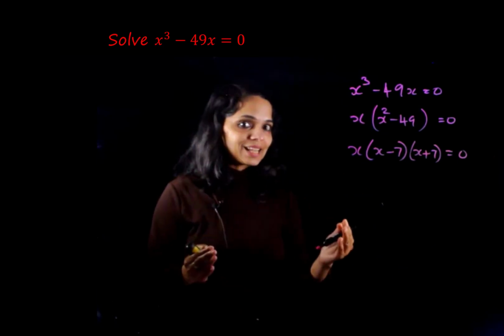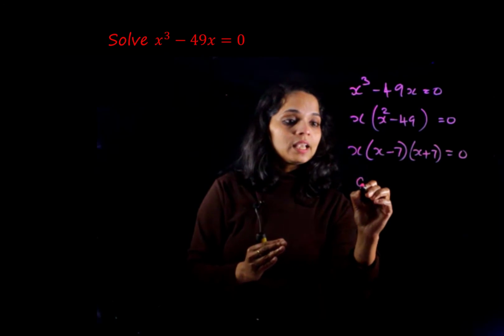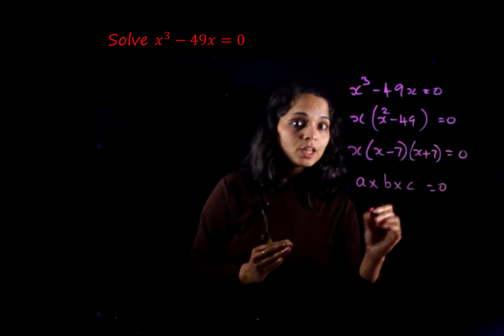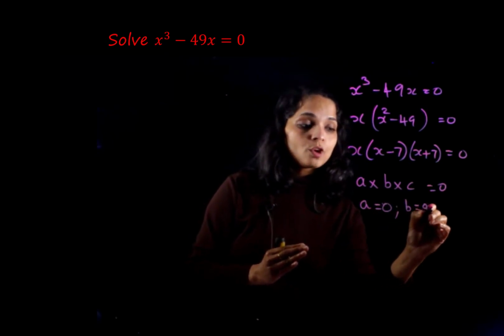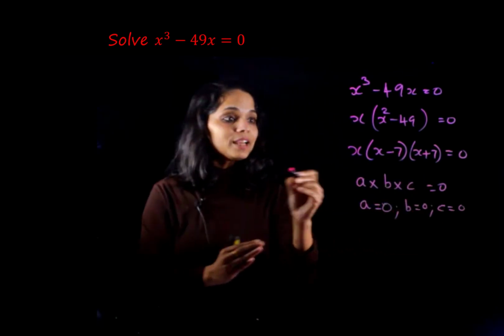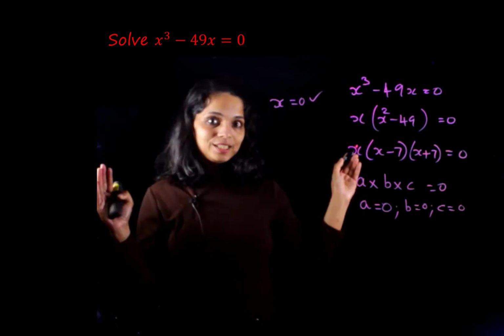Okay, what is the next step? Apply the null factor law. The null factor law says if a times b times c equals 0, the possibilities are a can be 0 or b can be 0 or c can be 0. We can apply that in here, which gives x equals 0. First solution is obtained.